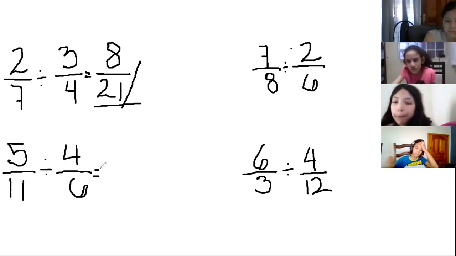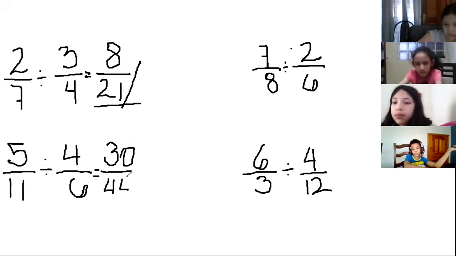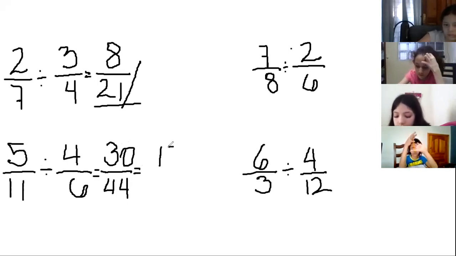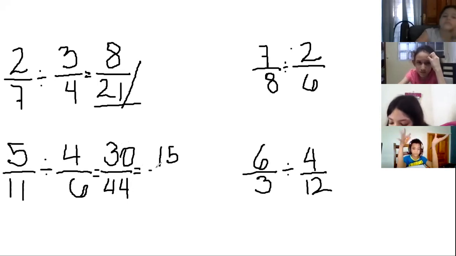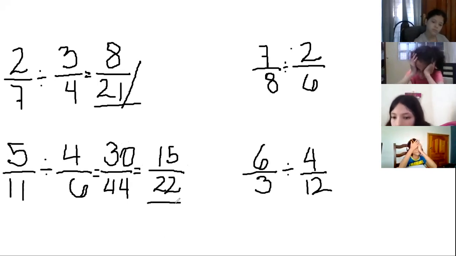Five times six is equal to 30. 11 times 4 is equal to 44. Can I simplify? Yes, of course. And this is equal to 15 over 22. Can I simplify? No. That is my final answer.